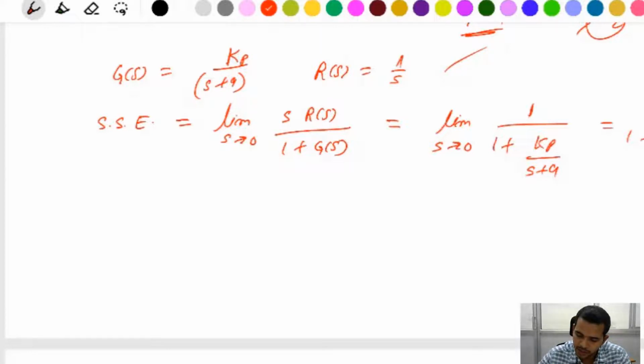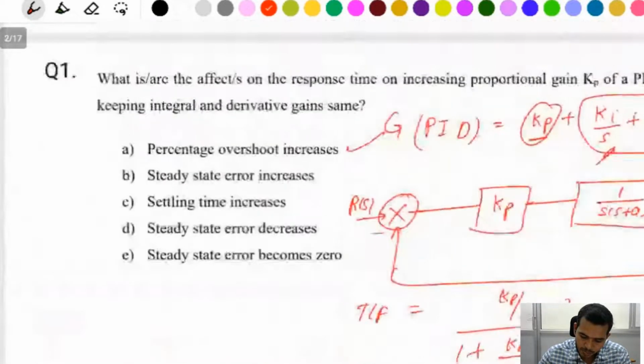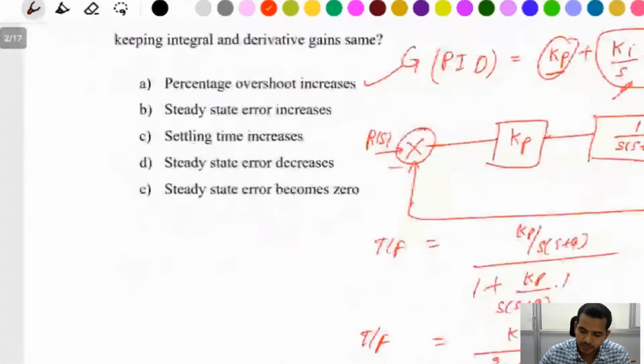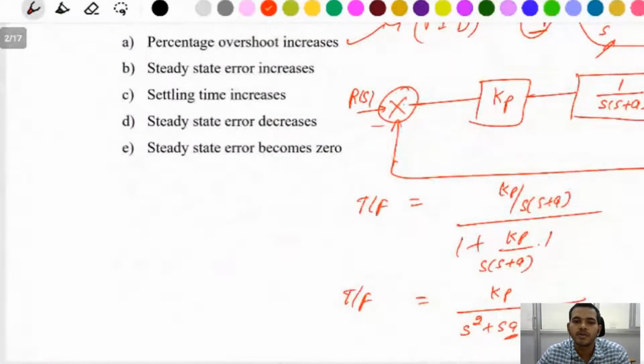If you increase Kp, meaning the proportional gain increases, then steady state error should decrease, not a much larger decrease, but some decrease. And if you increase the gain Kp, then you know about the phase margin.